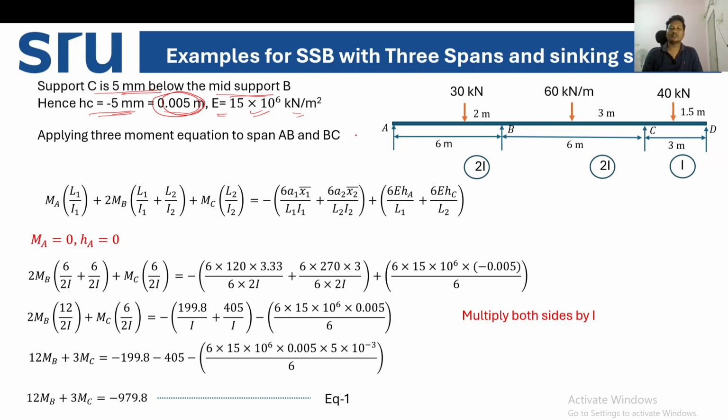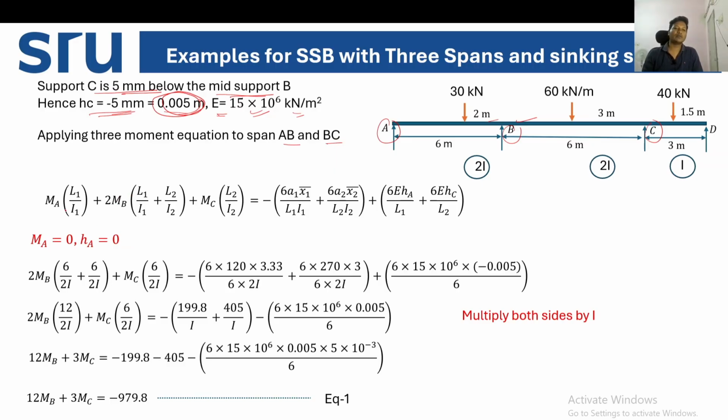When we apply the three moment equation, as we have discussed before, it can be written for three consecutive supports: support A, support B, and support C. We have two spans, span AB and span BC. So let us write the three moment equation.